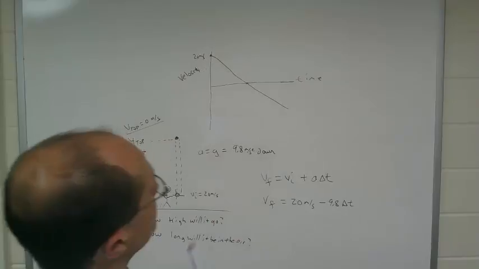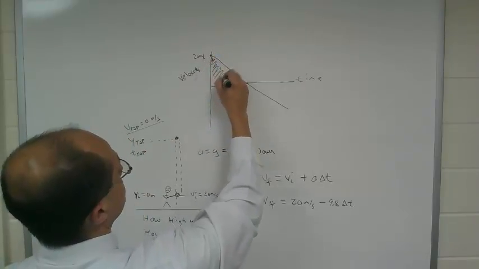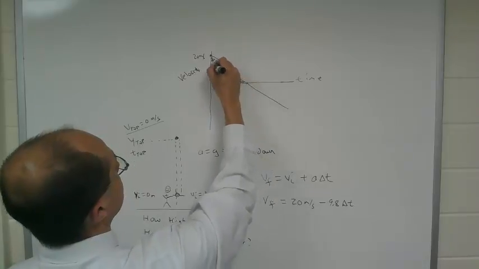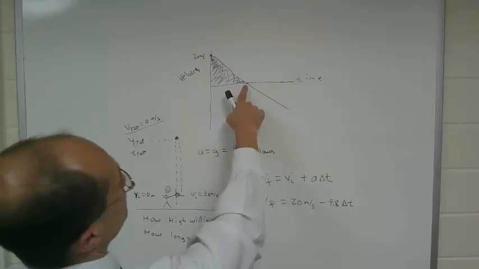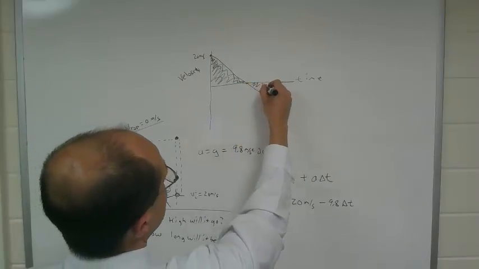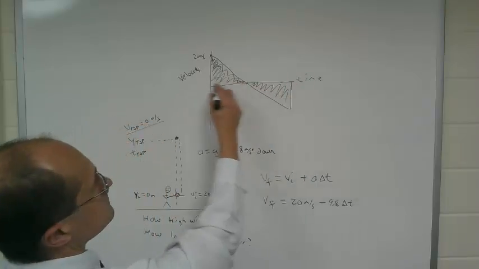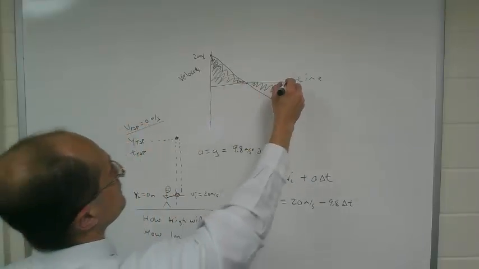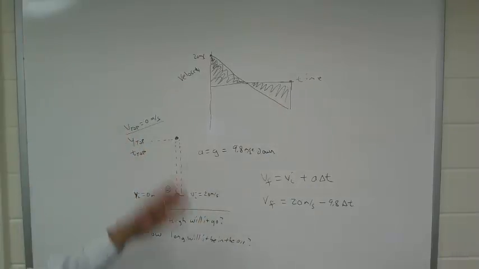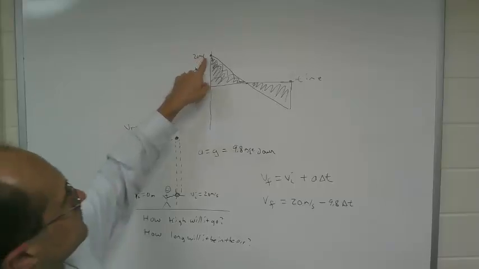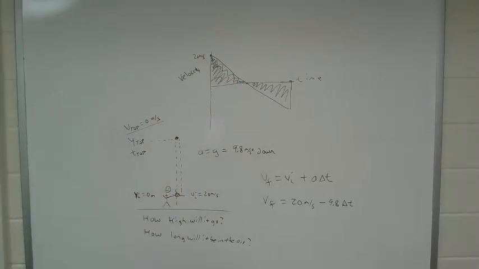And we can actually think about what's going on in our position, because as we reach here, the area underneath this curve is a maximum positive value. Then we build in a negative value, and these two areas cancel, so that at the time when it comes back to our hand, we have displaced no distance, because the positive and negative areas add up to 0.